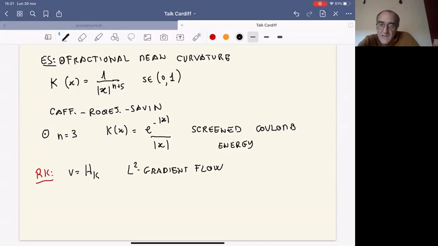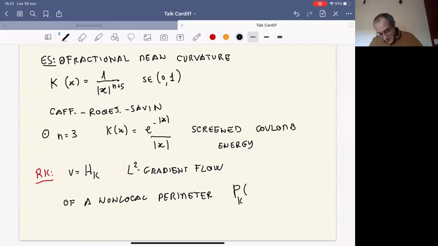When you do the first variation of an energy defined on sets, there is a suitable notion. Now, I don't want to enter into specifying the first variation, but it's a gradient flow of a non-local perimeter, P_k of E, which is the interaction between E and the complementary of E through the kernel.